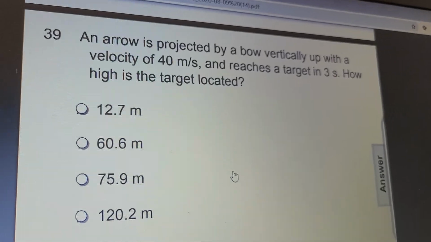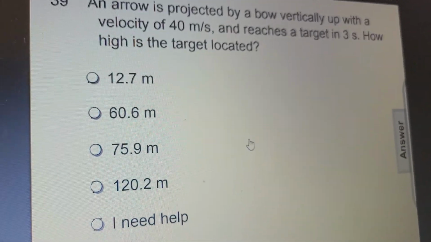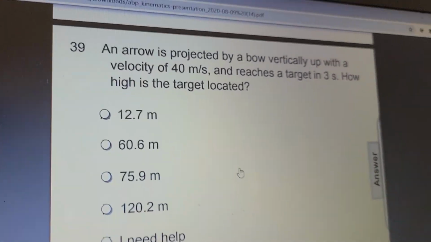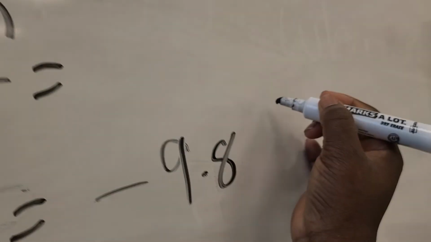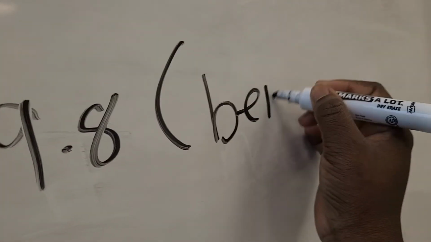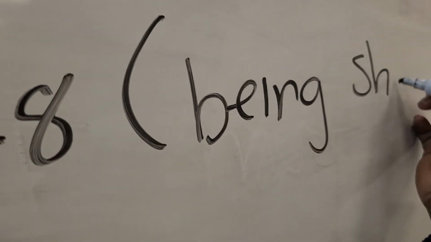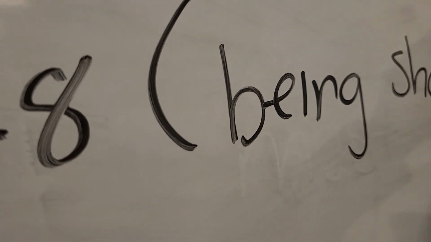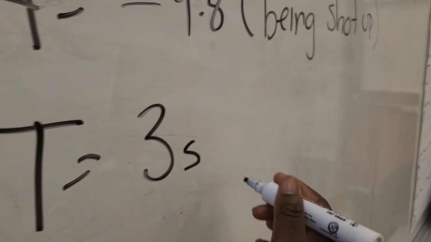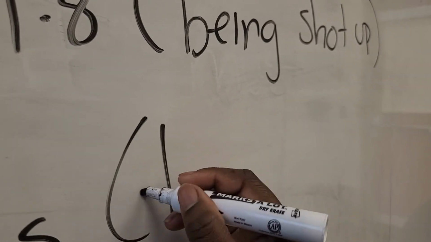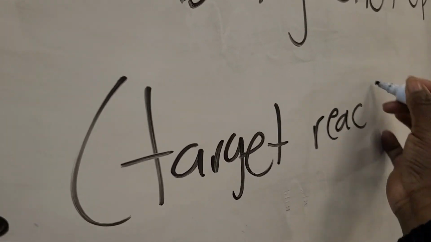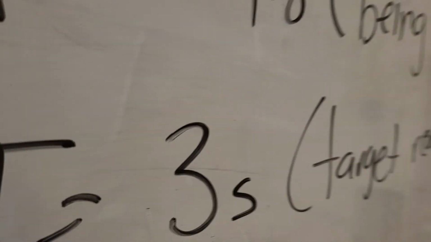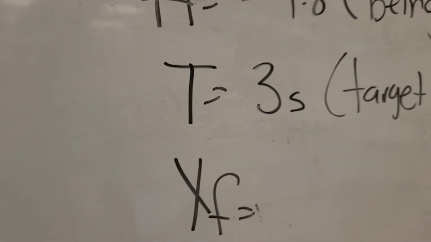It starts with a G. Gravity. Thank you. So we're going to say acceleration is negative 9.8 simply because it's being shot upwards, vertically. We say that time is 3 seconds because that's when it reached its target. So we have two variables that we're definite about. What else?